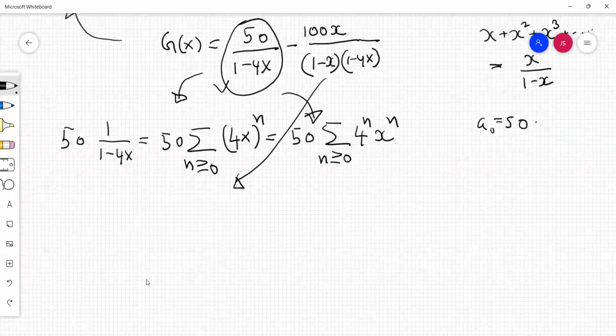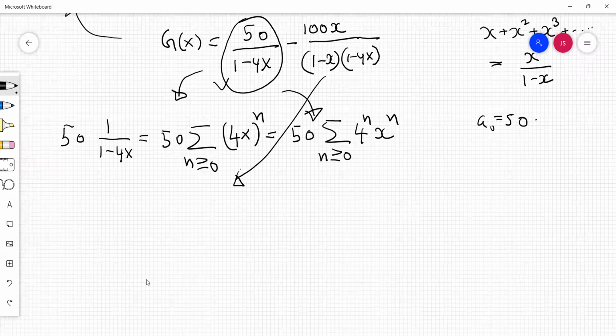Now the expansion of this one. Can someone tell me which trick we should use to find the expansion of this power series, this function? How do we find it? I mean, without using Taylor series, how do you do that?